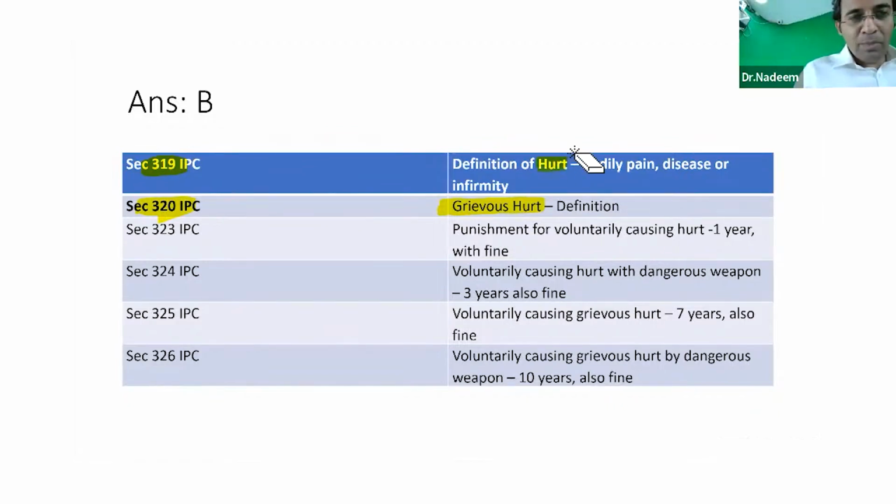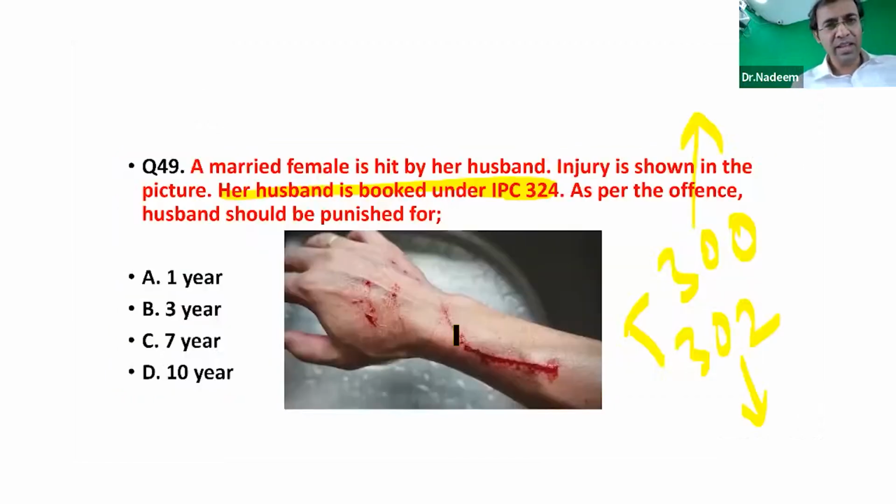Now please remember IPC number 323 and 324. 323 is the punishment for voluntarily causing hurt, 1 year. IPC number 324 is voluntarily causing hurt with a dangerous weapon. This is not grievous hurt, but a dangerous weapon is used here.